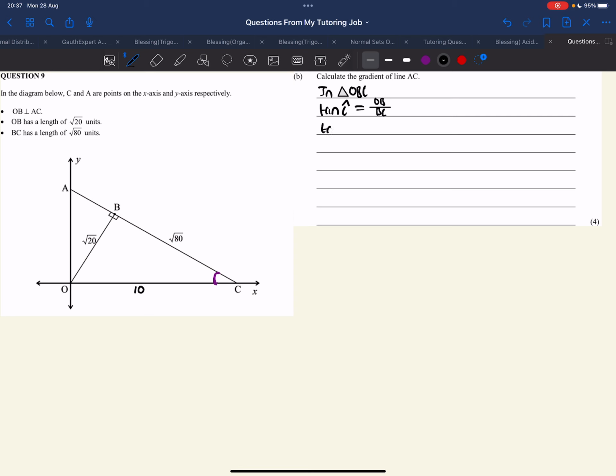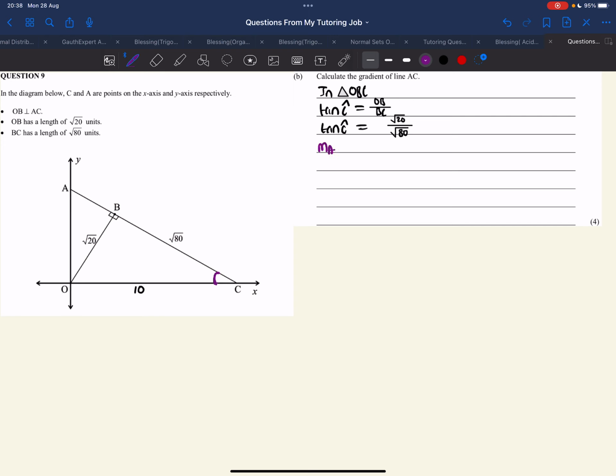And then tan angle C is basically just square root 20 over square root 80. Now remember, tan of C is square root 20 over square root 80.